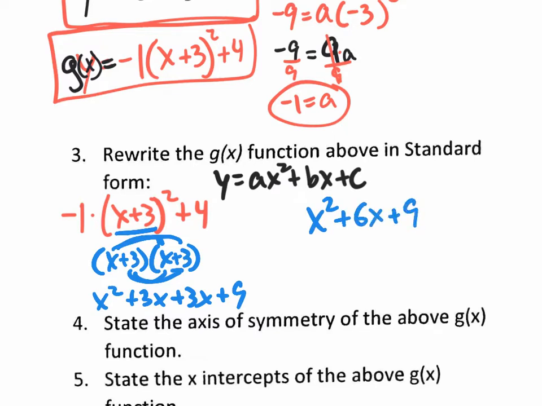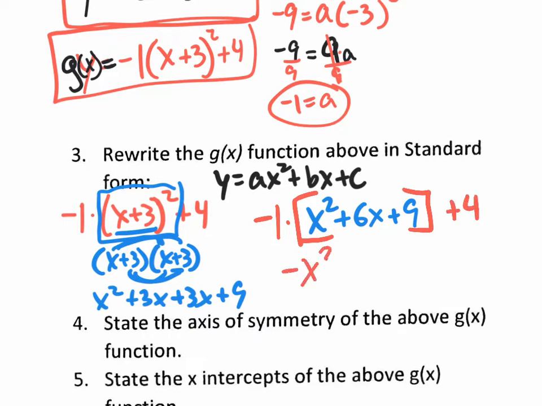Now check this out, guys. So far all I've done is this part. So I still need to multiply by negative 1 and add 4. What do I do first? Multiply or add? Multiply. So I need to take this quadratic trinomial and multiply it by negative 1. So that's going to change all the signs. And I still have the plus 4 at the very end. So let's change all the signs.